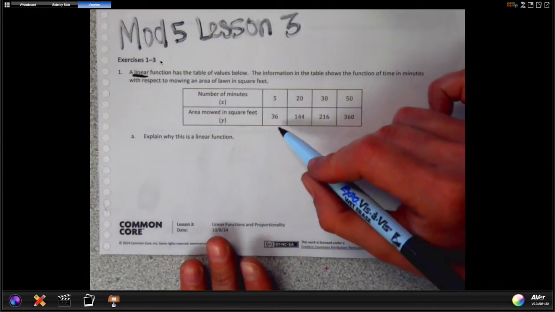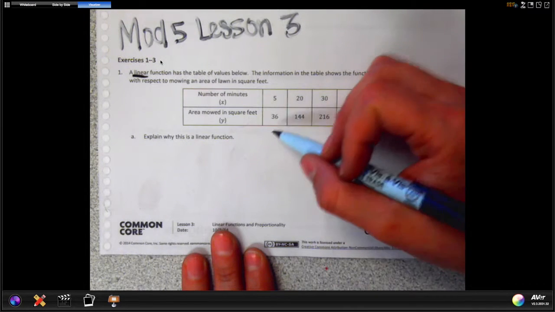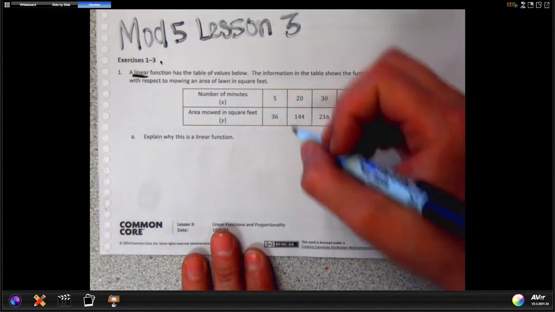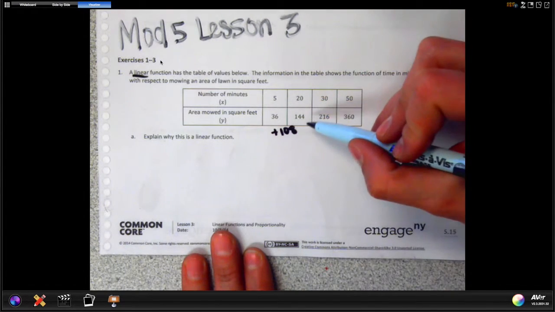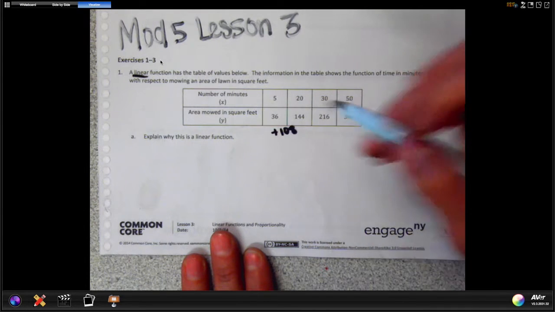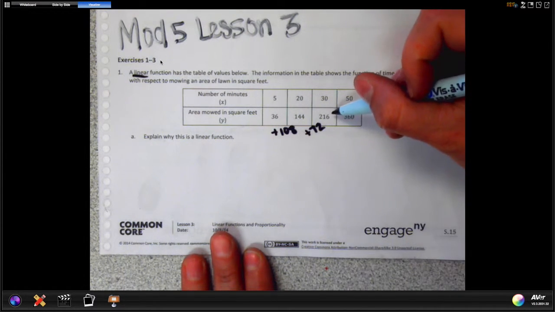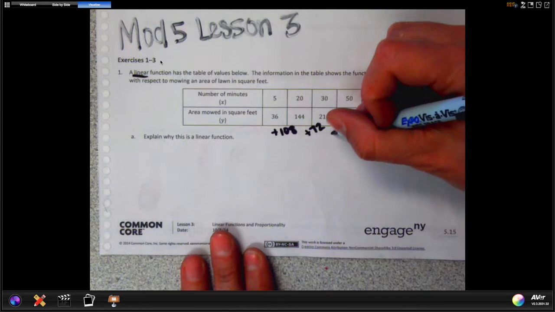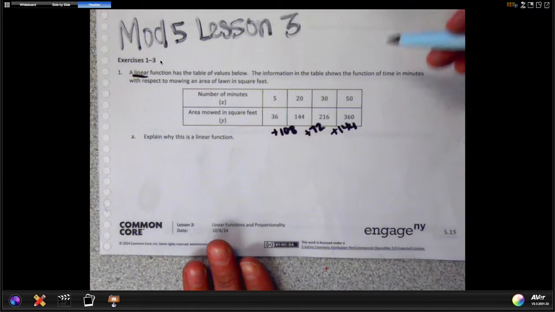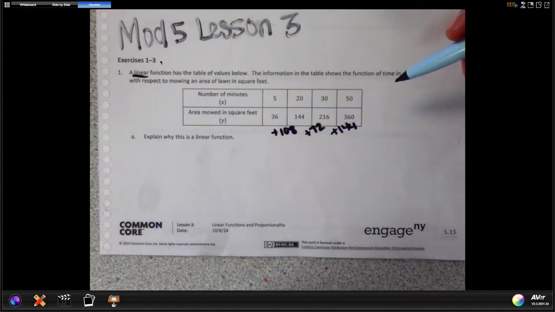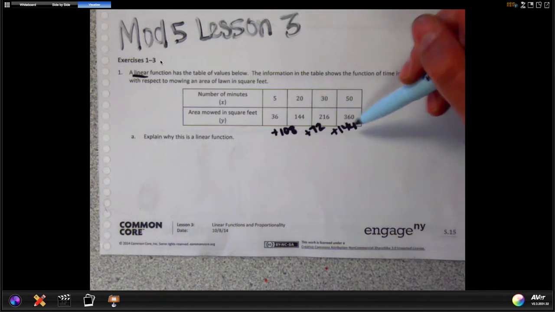But to get from 36 to 144, you would have to add 108. To get from 144 to 216, it's adding 72. And to get from 216 to 360, it's adding 144. So our method that we have been using is now invalid. We know this is linear, but our pattern is not the same.